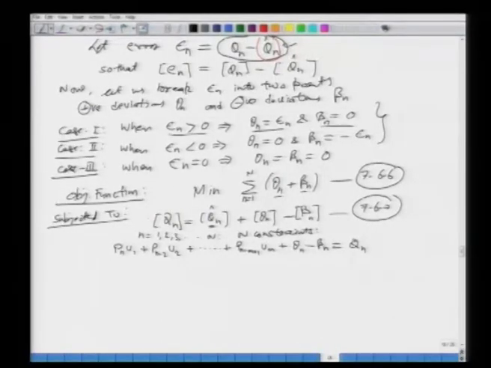So, this and this is exactly the same, all right. So, we have written it down in the equation form, that is in the matrix form, where n goes from 1 to all the way to capital N.